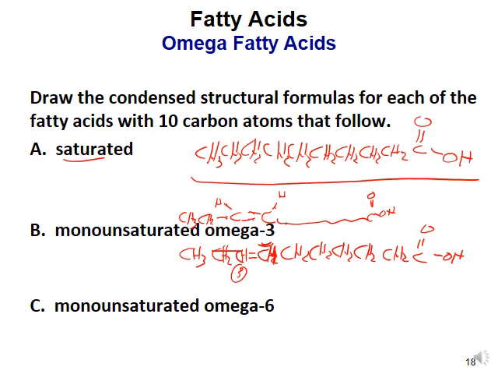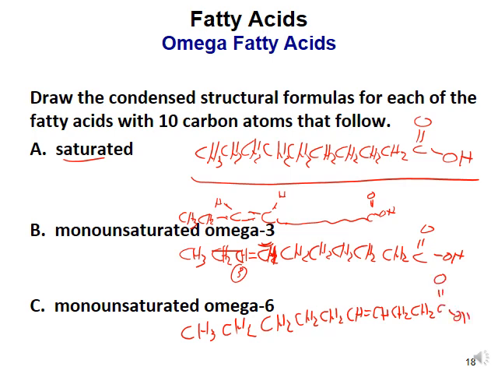Monounsaturated omega-6. Let's draw it the other way. 1, 2, 3, 4, 5, CH double bond. So that's the sixth carbon. That's the seventh. 8, 9, 10 polar head. Nice job. Good job. So, omega-6 versus omega-3.